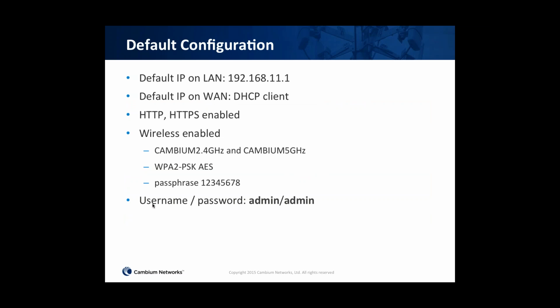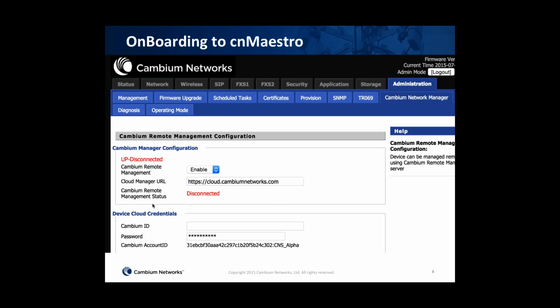Wireless is also enabled out of the box. On the 2.4 GHz radio, the SSID is Cambium 4, and on 5 GHz it's Cambium 5. The username and password are both admin. Now you need to log in to the device only if you want to configure the device locally. Using cnMaestro, all of this configuration can also be done remotely.